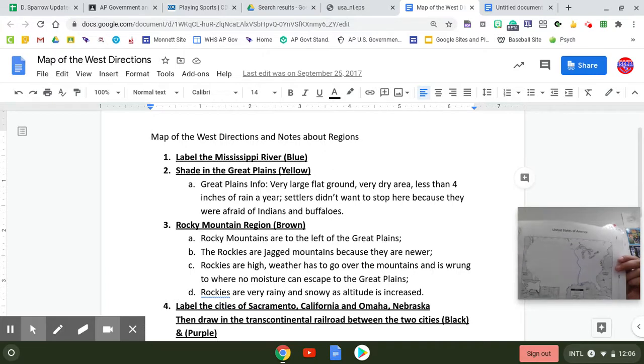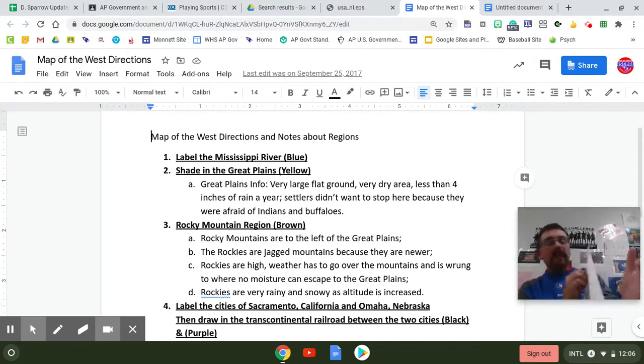Its origin is up in Minnesota, and it's going to run down and basically be a barrier between a lot of your Midwestern states, like Illinois, Iowa, Missouri, Kentucky, Tennessee, Arkansas, Mississippi, and running into Louisiana. So you can see the Mississippi River there. Very important river in the United States.